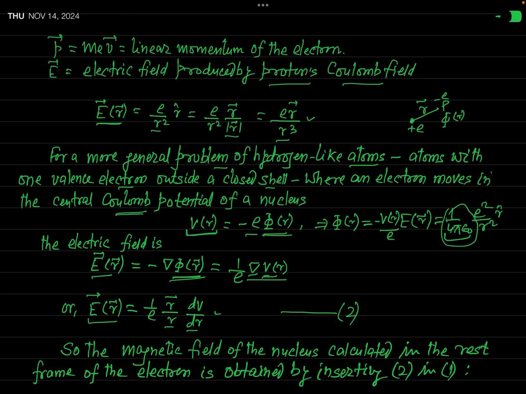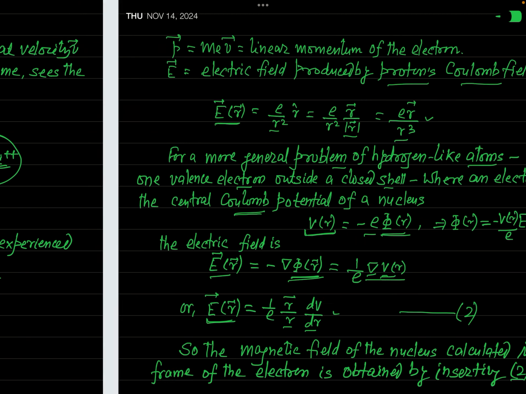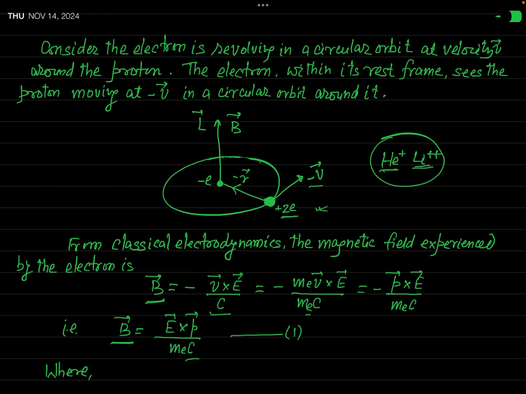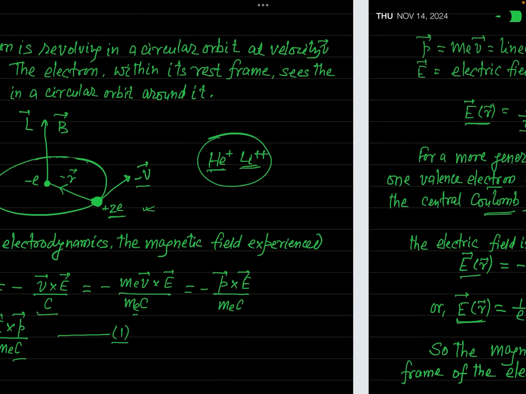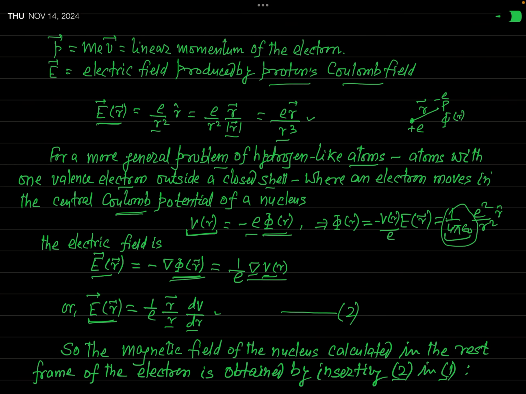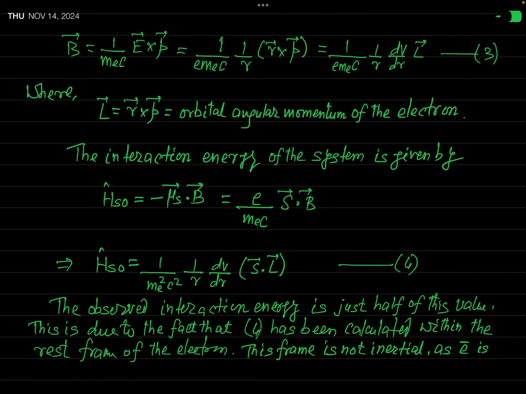Okay. So the magnetic field of the nucleus calculated in the rest frame of the electron is obtained by inserting equation 2 in 1. So in this way you have calculated the value of E of R, and you can use that expression for E in the expression for the magnetic field which I mentioned in equation 1. In the rest frame of the electron, this field is produced by the proton, because in the rest frame of the electron you see that the proton is moving.